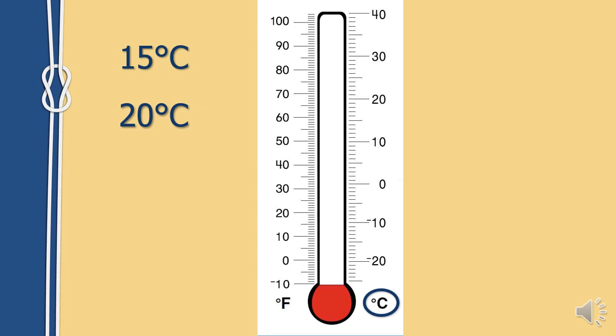It's right at the 20 mark. How about 30 degrees? Do you see 30? Okay, again, pretty easy to find that one. How about 25? Where would 25 degrees Celsius be? If you said halfway between the 20 and the 30, that longer line there, you would be correct.